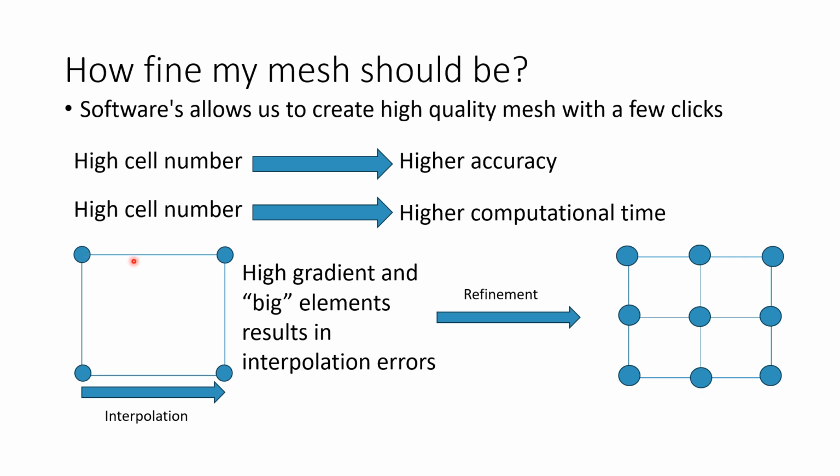The gradient will be very high, and these very high gradients are a bit hard to capture. So for them we will need some kind of help from the mesh, which we call refinement. Generally speaking, this is a coarse mesh and this is a refined mesh. Also, the mesh is sometimes called a grid in the literature. So we refine the mesh and hope that it will be better.